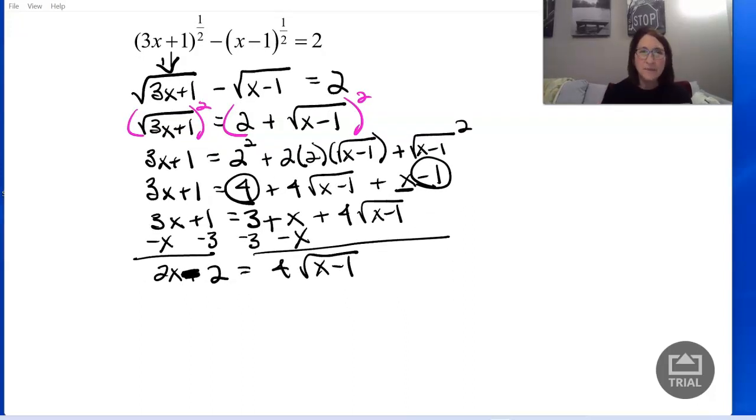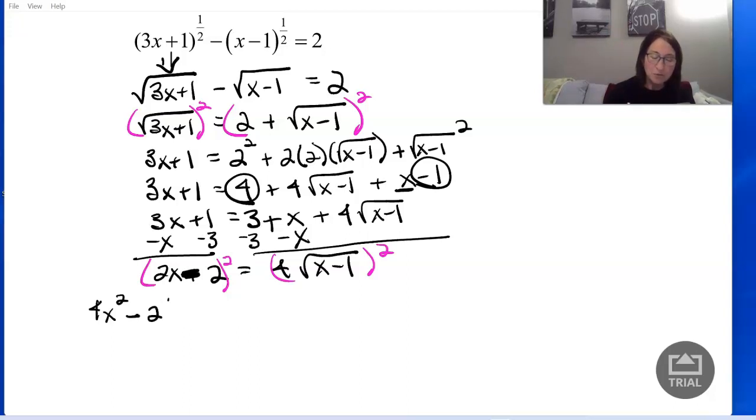So now I am going to raise both sides of my equation to a power of 2. So then on the left, I have 2x squared, which is going to give me 4x squared. 2 raised to the power of 2 is 4.